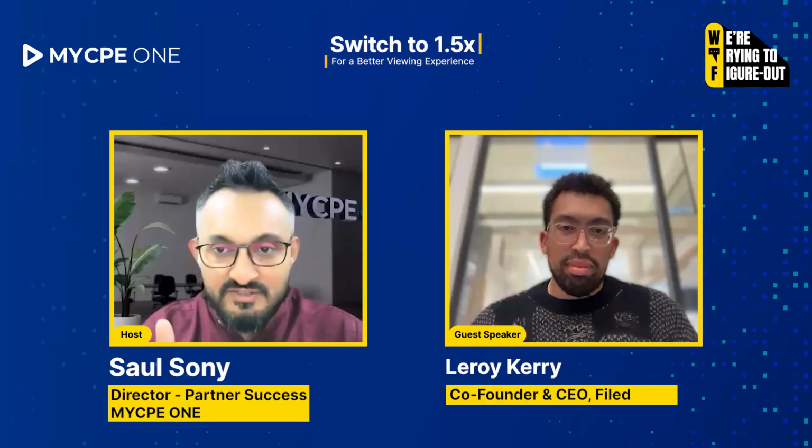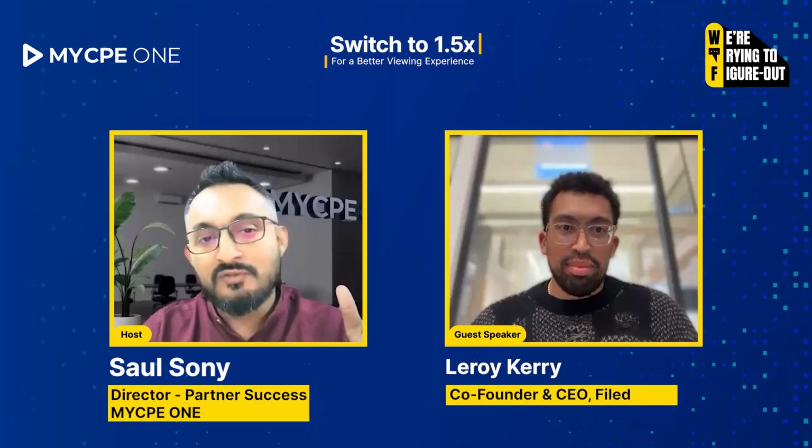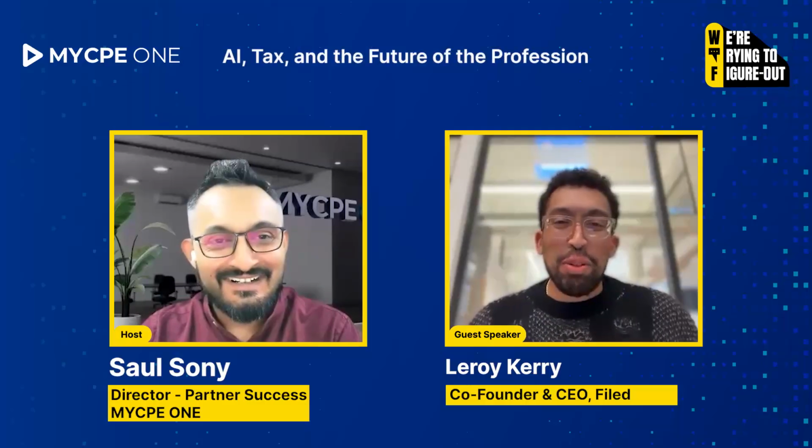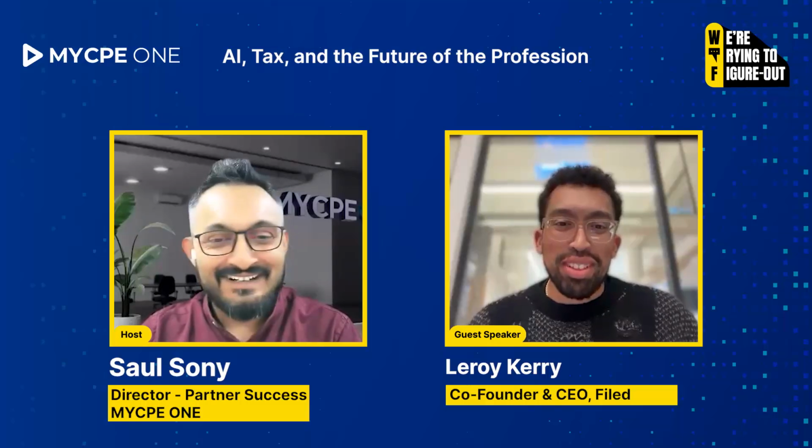We're going to talk about what's real, what's hype, and what's the future looking like for all of us, whether you are a 20-year CPA or a college student thinking, wait, is accounting even worth it anymore? So, with that, Leroy, welcome to the show. No, thanks for having me, Saul, and looking forward to discussing more on the topic with you.